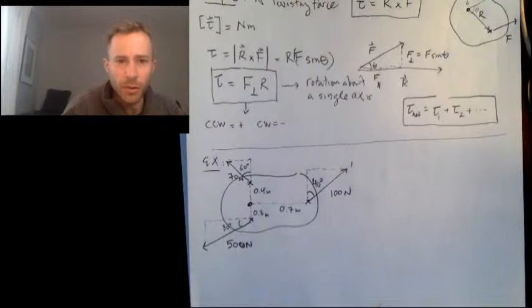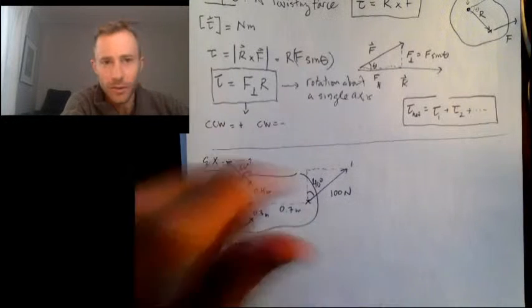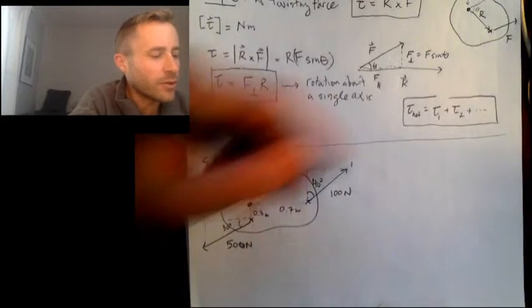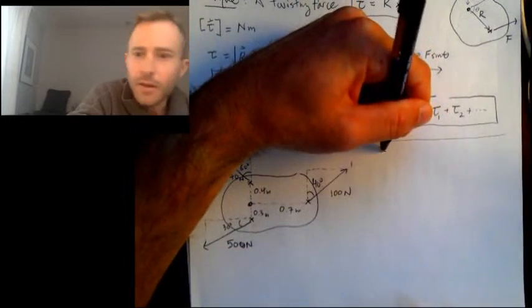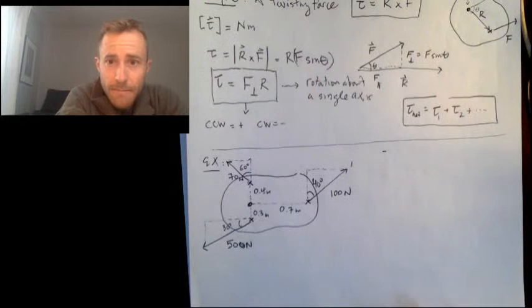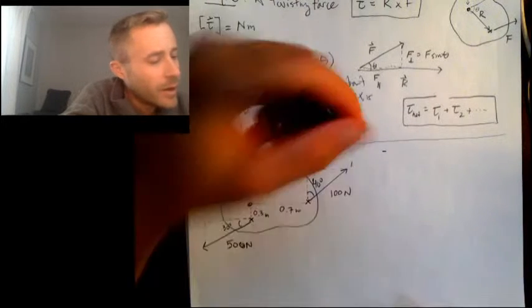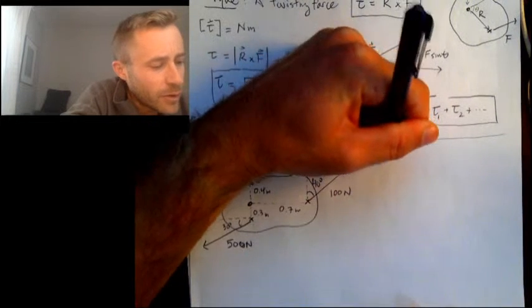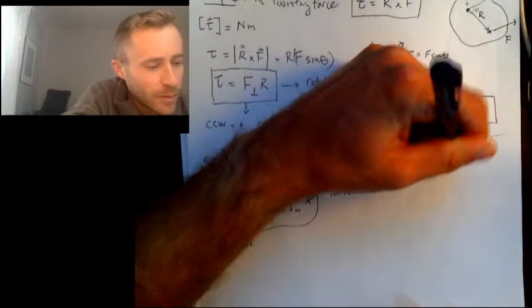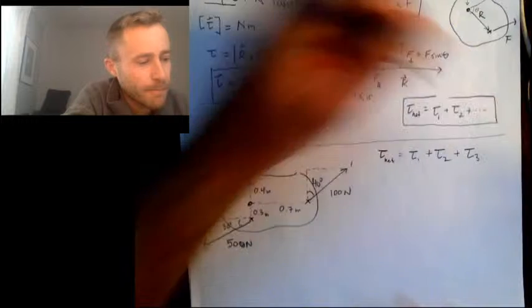All right, and so what we want to know is what is the net torque on this object as a result of these three forces. So there are three forces, and so therefore the net torque is going to be tau 1 plus tau 2 plus tau 3.